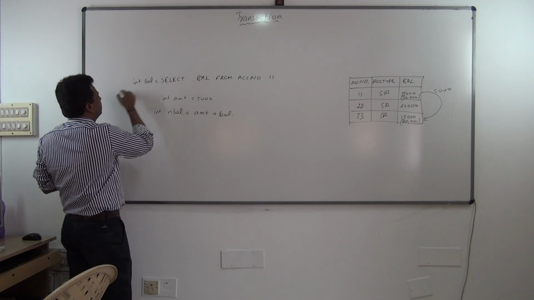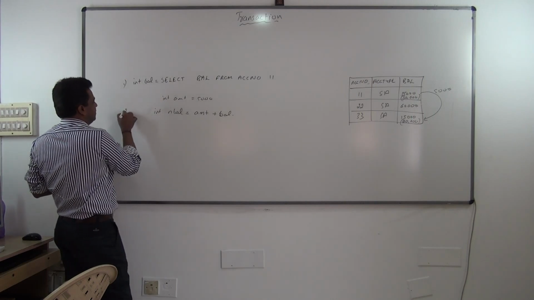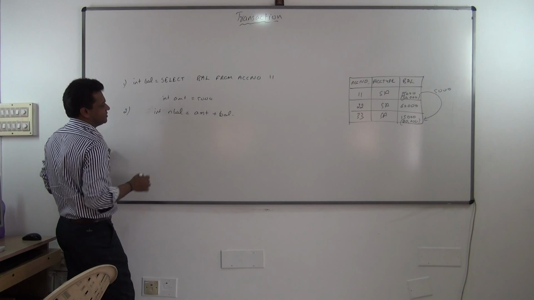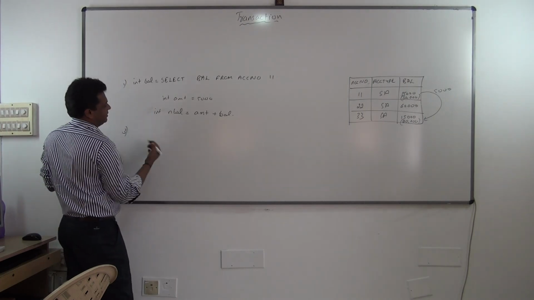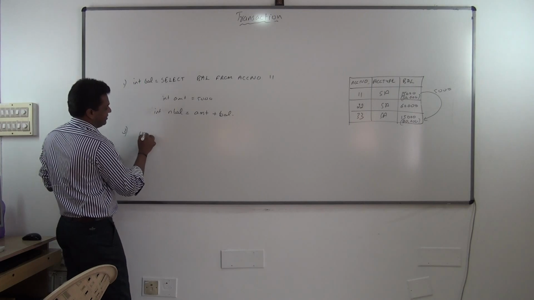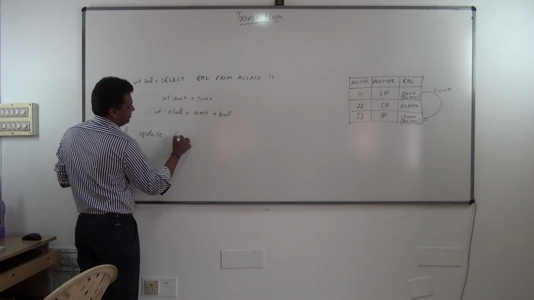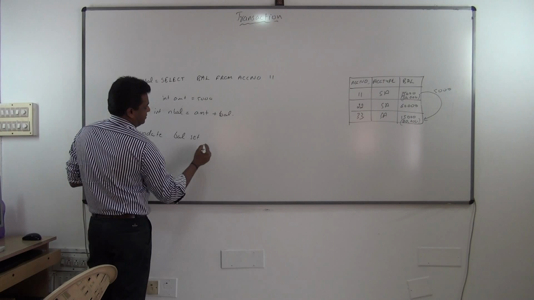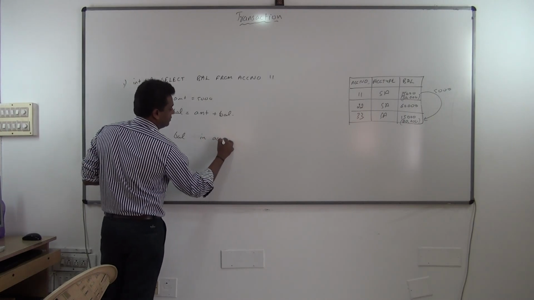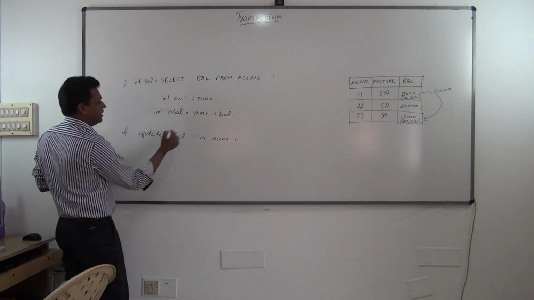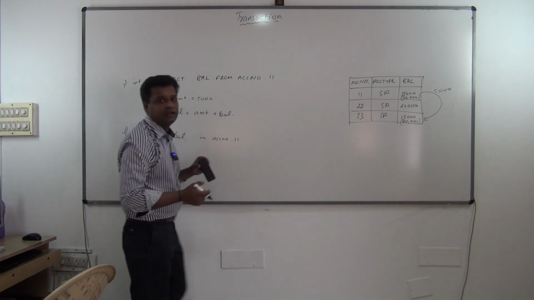Int balance is equal to, you would have selected. This is the first one, then you got the amount, then you'll do this, then third, you'll update balance in account number 11 with the new balance.